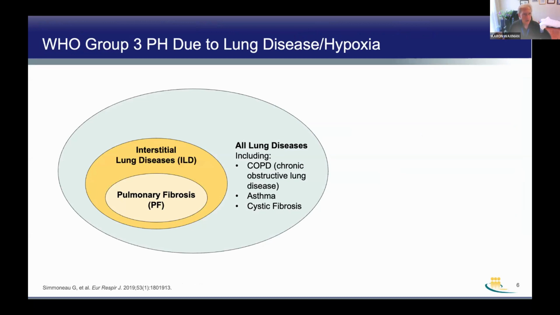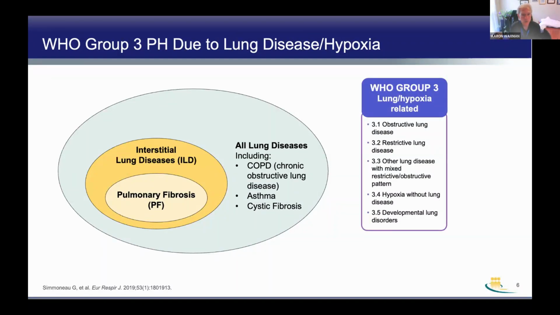So when we think about group 3, obviously there are more disease states that fall into that realm. Generally hypoxic lung disease, including chronic obstructive pulmonary disease. Cystic fibrosis can certainly fit in there, and our focus today being interstitial lung disease and pulmonary fibrosis.